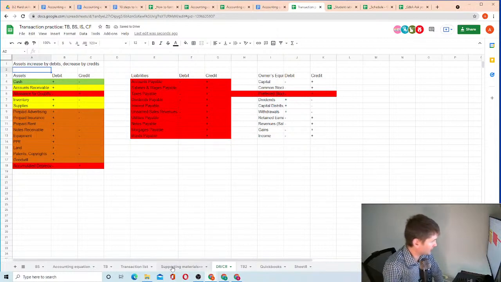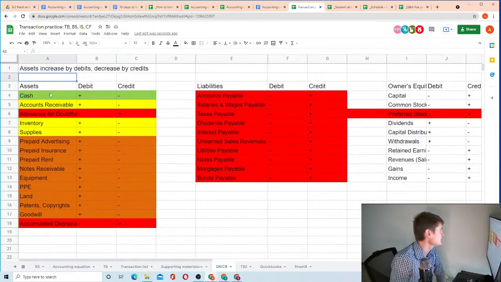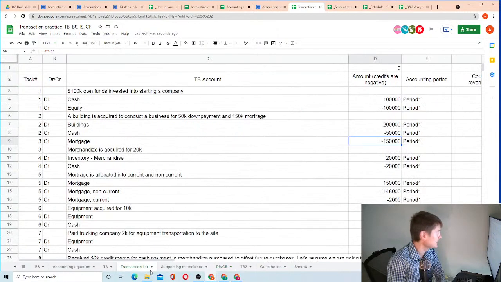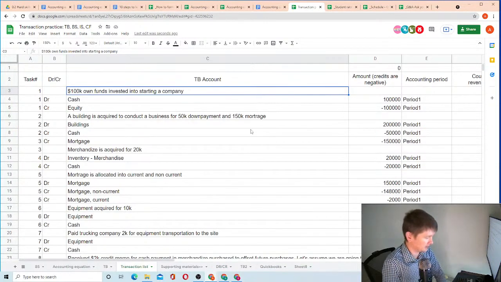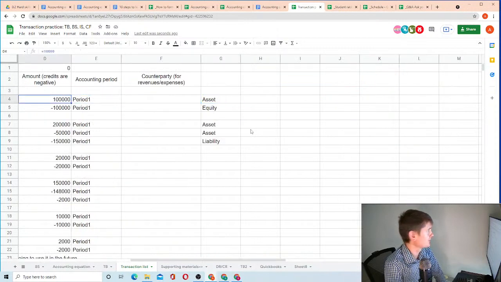So if we go back to the transaction tab, let me make the screen bigger here. Okay, it's already big enough. So what we just said, assets increase by debits and decrease by credits. And that's basically what we have here with cash.